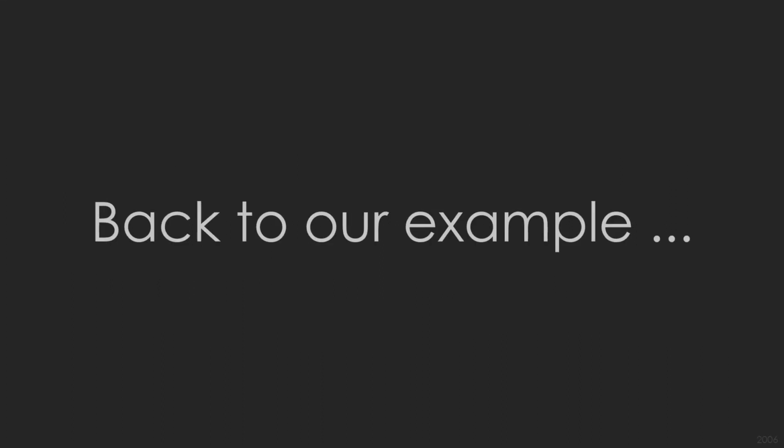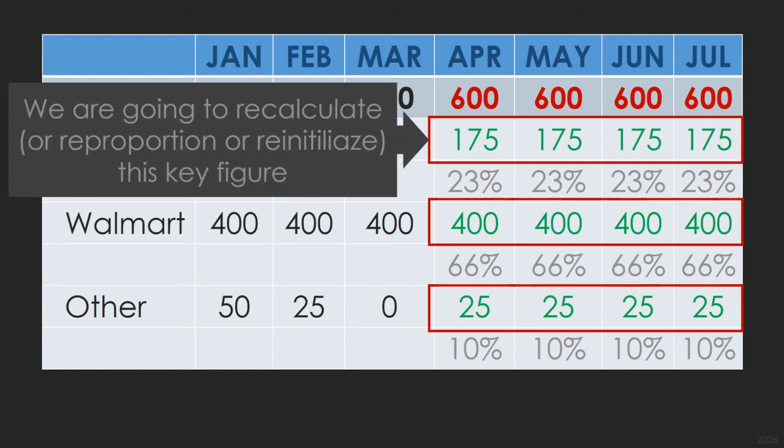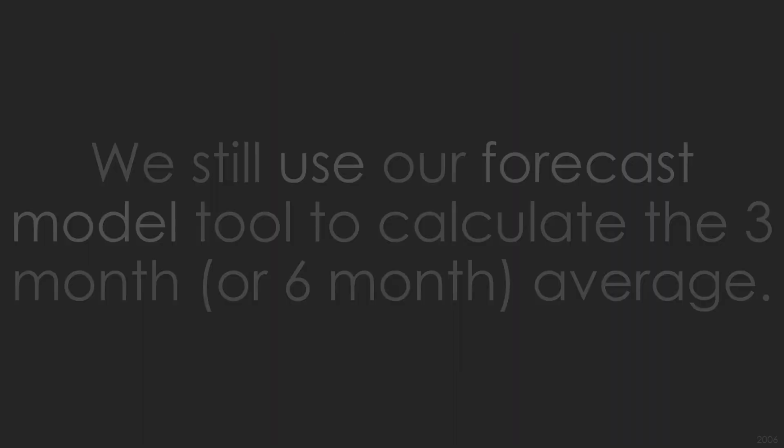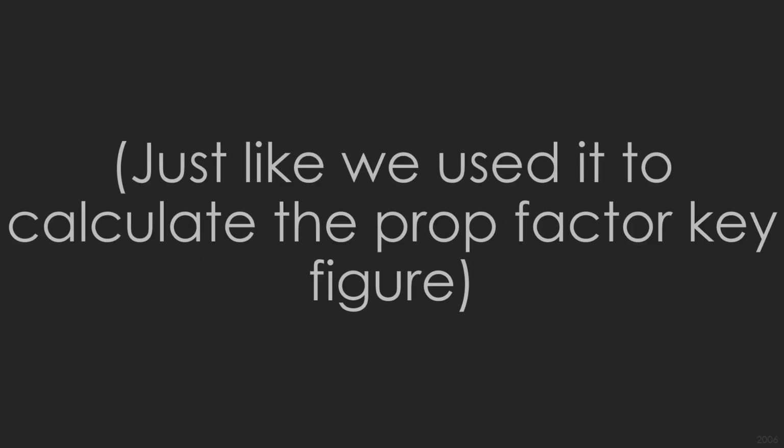Back to our example. We are going to recalculate or reproportion or reinitialize this key figure. We still use our forecast model tool to calculate the 3-month or 6-month average, just like we used it to calculate the prop factor key figure.